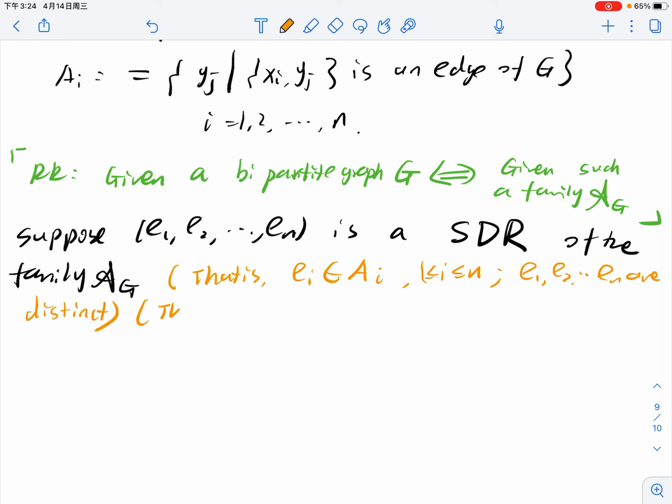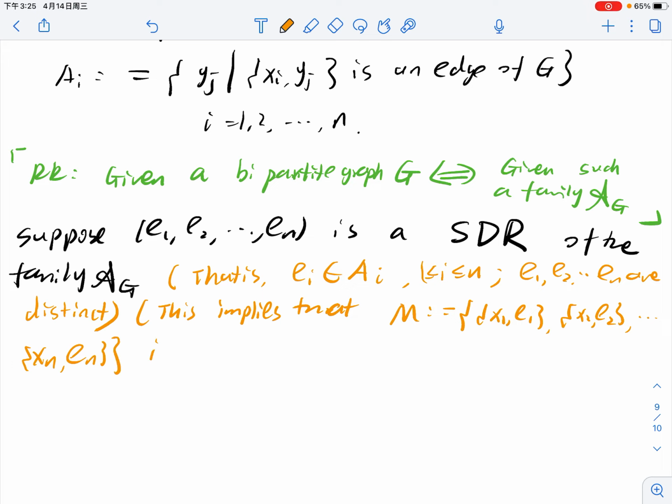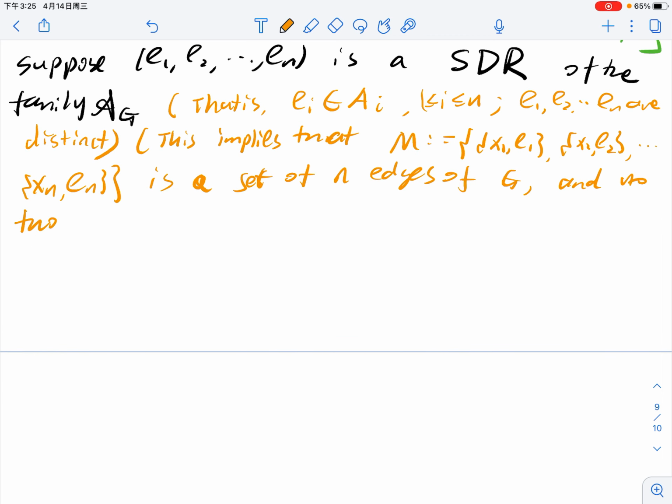And also this implies that the set M consisting of X1E1, X2E2, ..., XnEn is a set of n edges of G, and no two edges of M have a common vertex. So it's a matching.